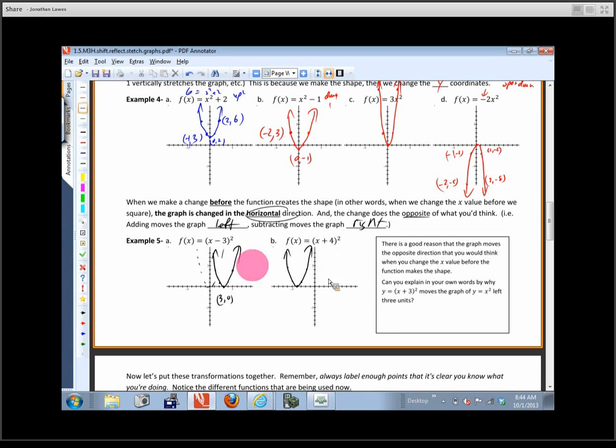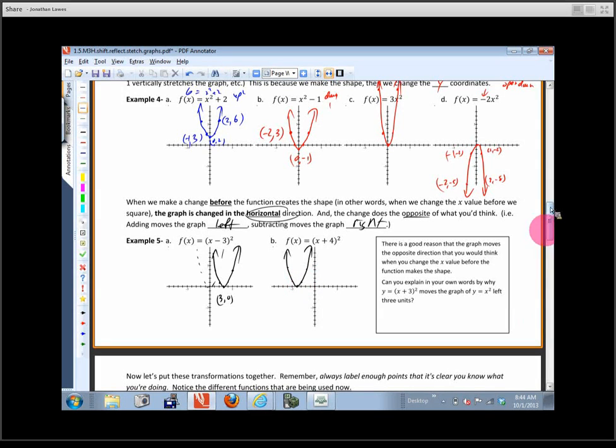If this slows it down and has it make the shape later than it normally does, what does this do? Yeah, it speeds it up. Okay? It makes the shape sooner, 4 hours sooner than it normally would, or 4 units sooner than it normally would. Does that make sense? Okay? That's why they do the exact opposite of what you'd think. It's a little bit counterintuitive.